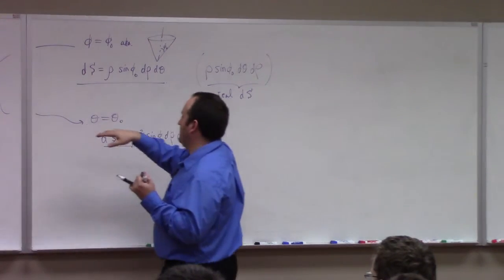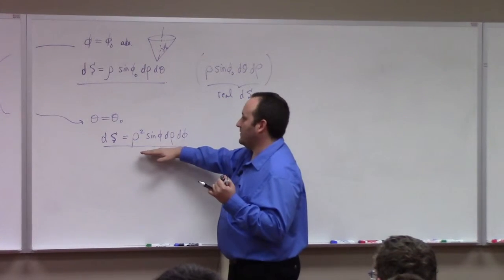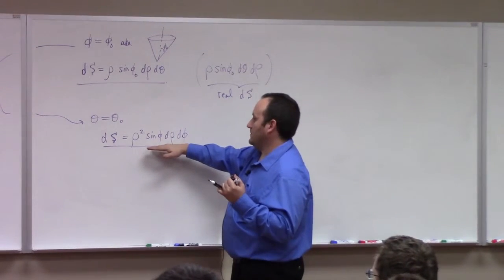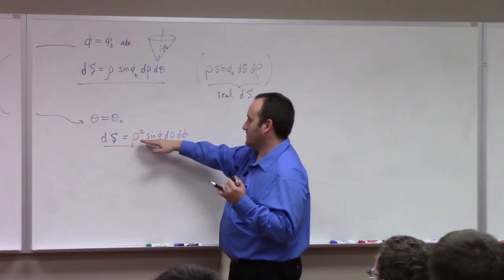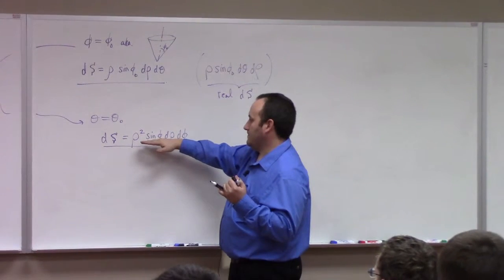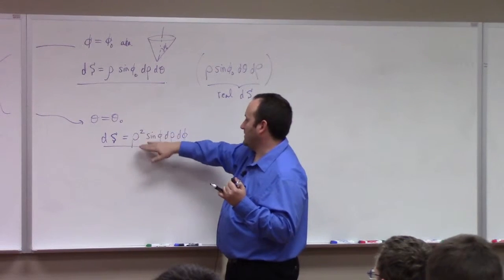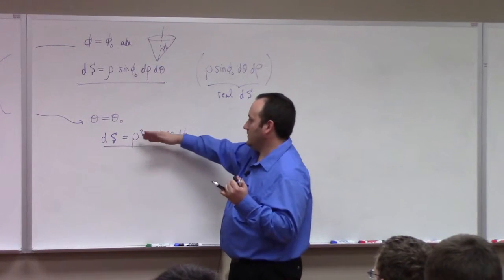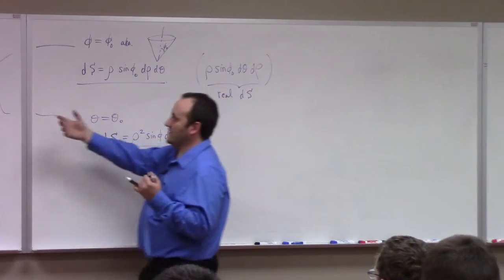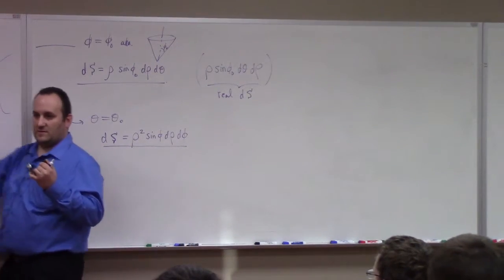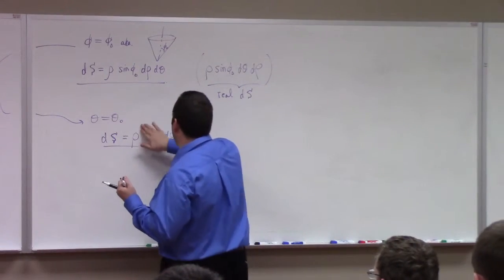So if I'm right, then this wouldn't be right. I should drop off the what? Right, I should drop the sine phi as well, because the r d theta is the theta piece. So that piece has to drop out.